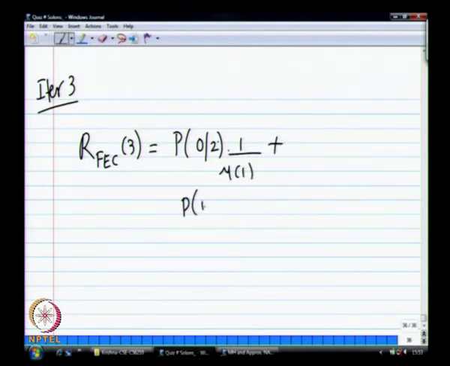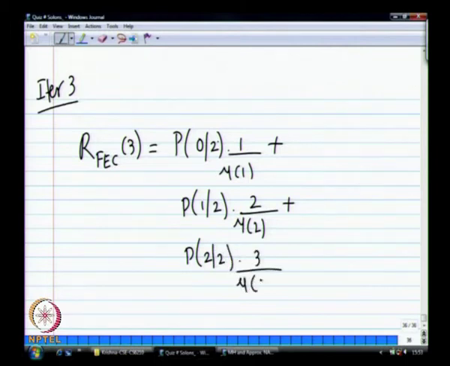When j goes to 2, this is 2 by mu of 2. When j goes to 3, this is the next term. Did I get all that right? Yeah. This then finally computes to 5.86.